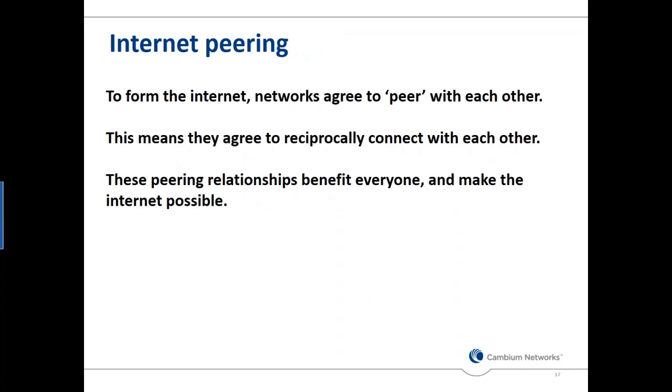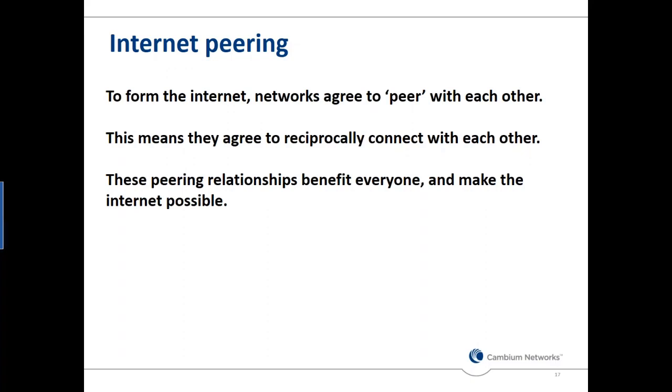To make that internet work, think of the internet as, let's say, 10 big networks that all need to connect to each other to make the internet actually exist. Basically how that works is, let's say AT&T has a network and Verizon has a network. They come together and agree to peer with each other, as it's called.